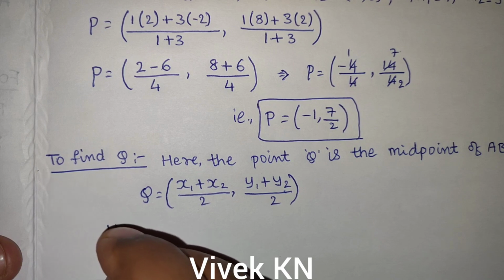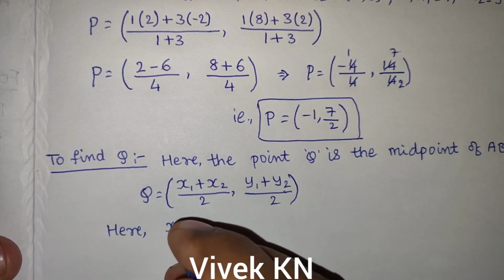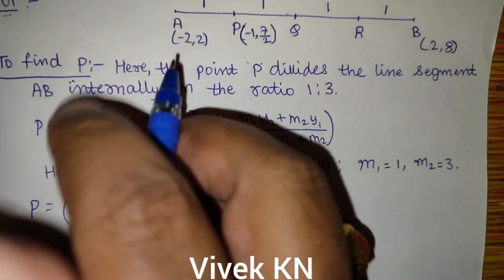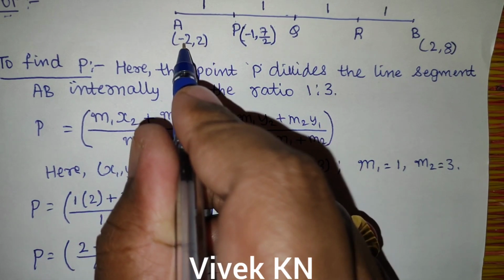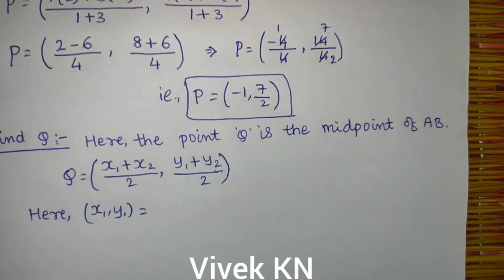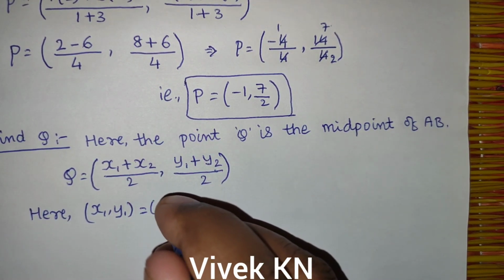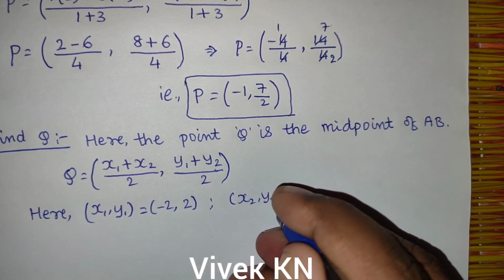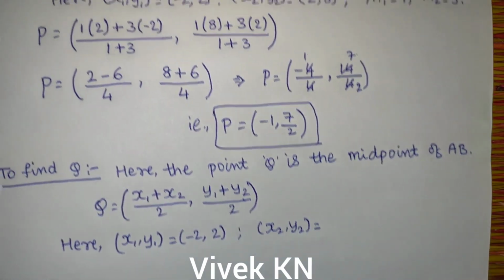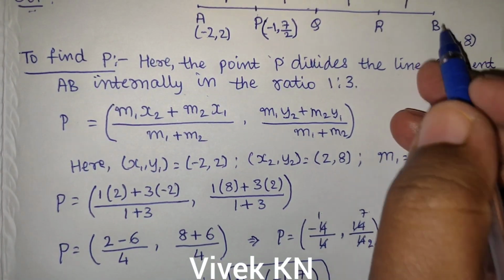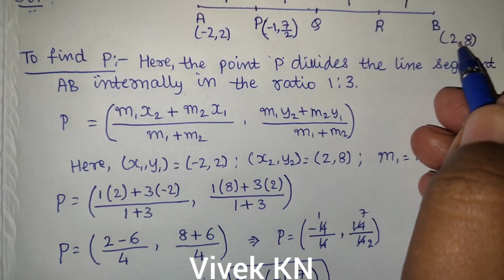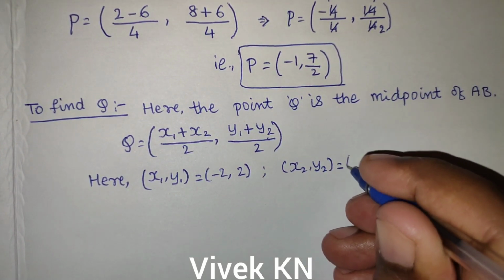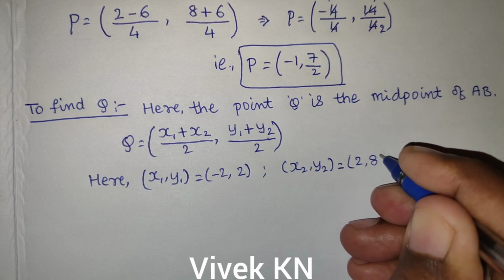Here, x1 comma y1 is minus 2 comma 2, and x2 comma y2 is 2 comma 8.